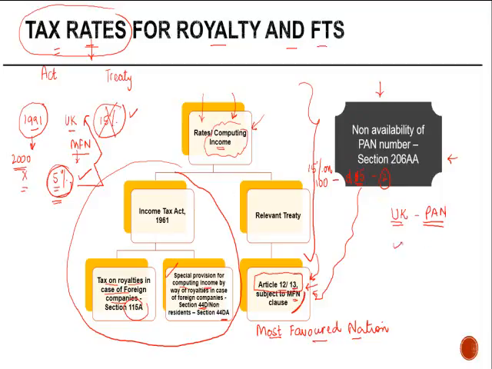But it could be either of 3 rates which are given there, which often takes the tax rate of withholding to 20%. So if the non-resident does not have a PAN number, instead of applying the withholding rate as per the Act or as per the treaty, you apply a higher withholding rate which could be as high as 20%.